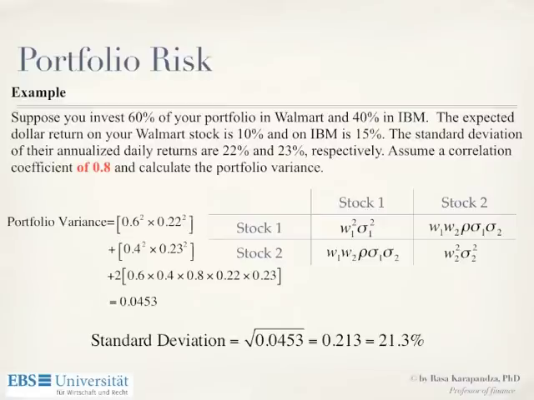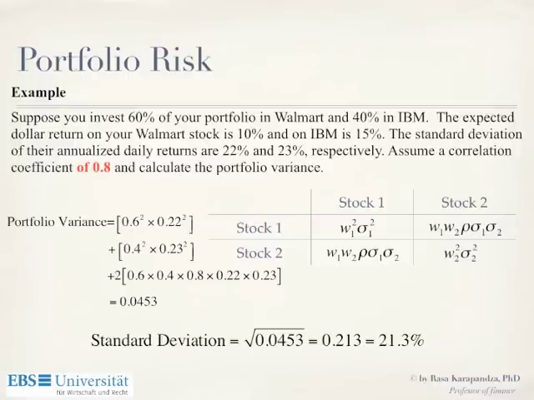We conclude that the risk of this portfolio, of the mix by investing into stock 1 and stock 2, is actually 21.3%, while the risk of investing into company 1 only, into Walmart, is 22%, and in company 3 is 23%. These are standard deviations of their returns, okay? So this portfolio has a lower standard deviation than any of the stocks taken separately.